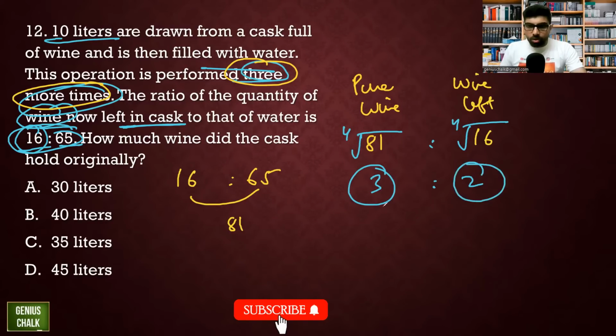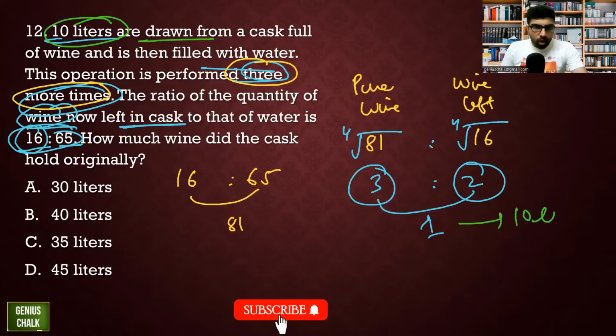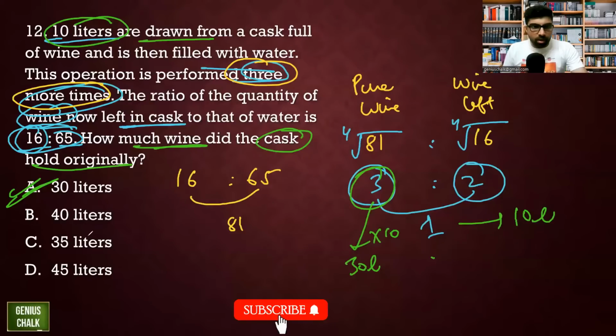The wine left is 2. 1 is the quantity which is replaced and added. What is given? 10 liters are drawn. This one value is 10 liters. It is asking you how much wine did the cask hold initially. So one value is 10. So 3 value must be 3 into 10. That must be 30 liters. I hope it is clear.